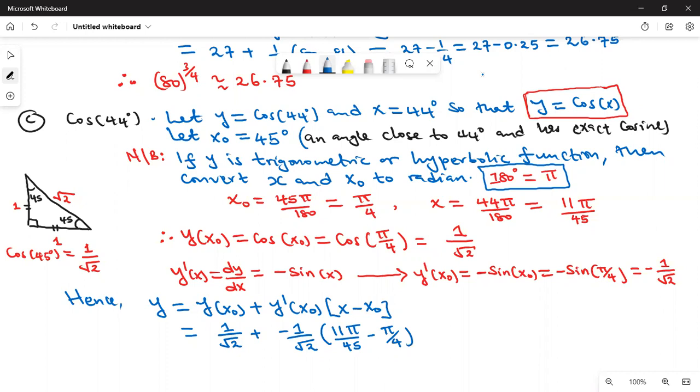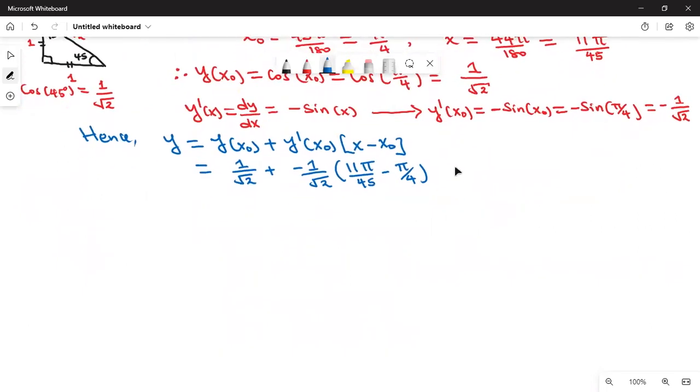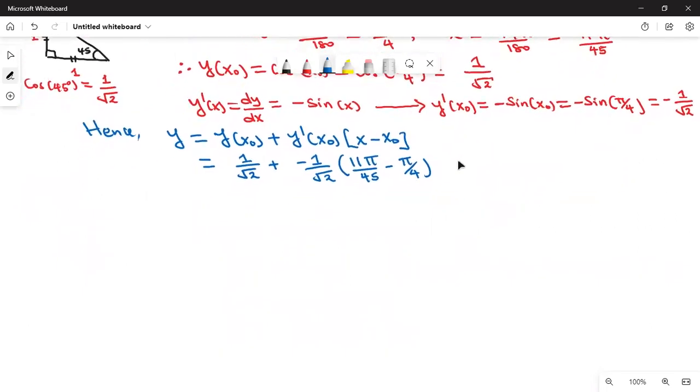So we have that. And now you can simplify this one. So let's see, what is 11 over 45 minus 1 over 4? You can now try that.